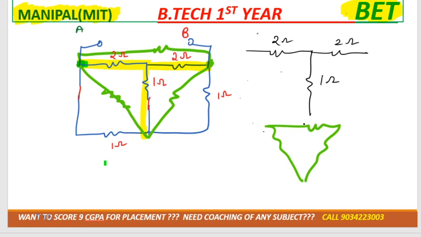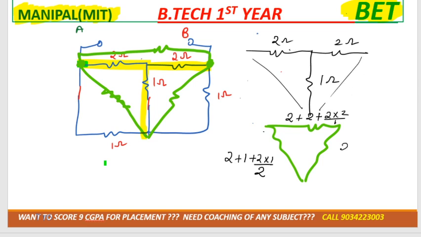Okay, so what are the values? Between the two 2 ohm resistors, it would be 2 plus 2 plus 2 into 2 divided by 1, and this one would be 2 plus 1 plus 2 into 1 divided by the remaining 2.